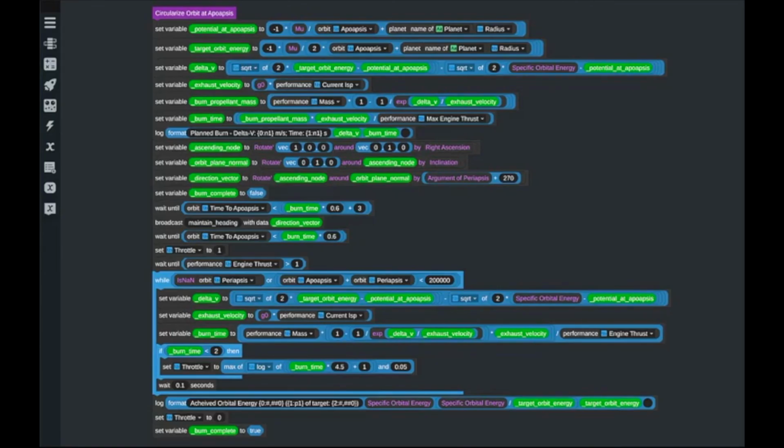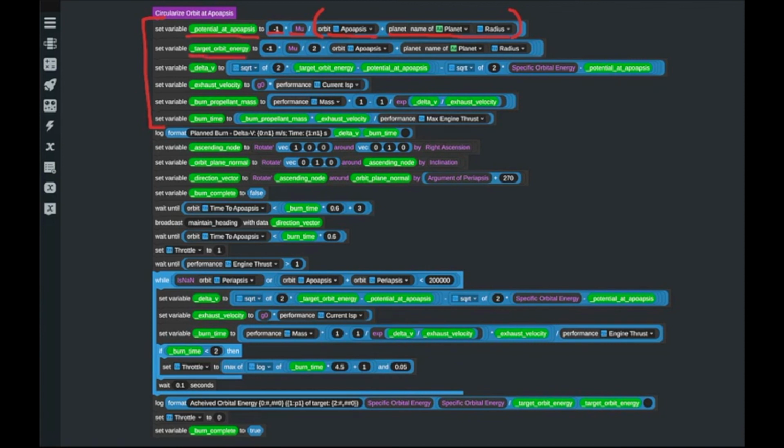Now that we've covered all of the math for calculating delta V and burn time, you should be able to follow where those equations are used in initializing these variables. Potential at apoapsis: -1 times mu over r at apoapsis, which in this case is the planet's radius plus our altitude at apoapsis.